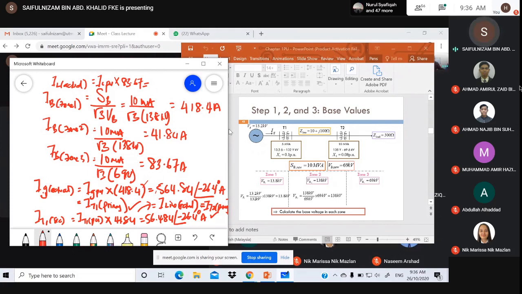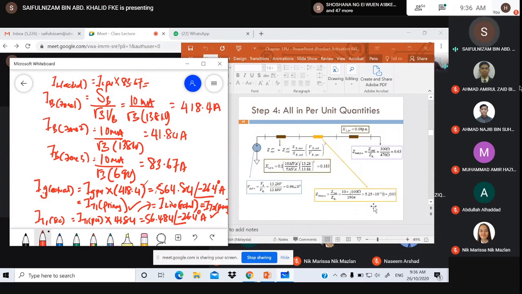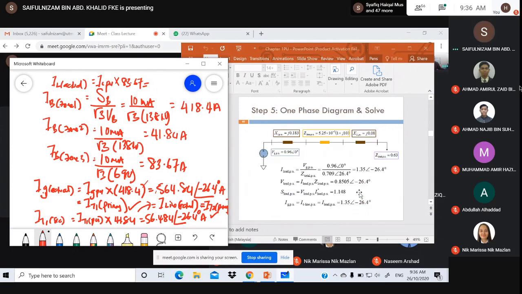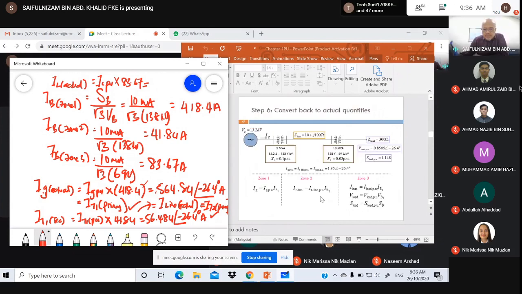What is the actual load current? Did you get it? So this is the base current for each zone. The actual load current is not given, so you have to calculate. So what is the actual load current?